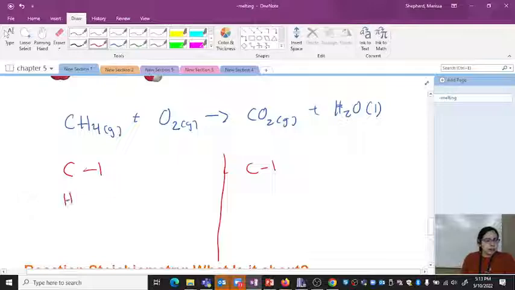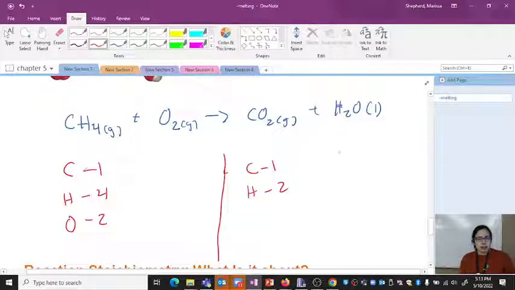Then let's look at hydrogens. On our reactant side, the left side, we have 4, and on our product side we have 2, so that's an issue. Then let's look at our oxygens. We have 2 on the reactant side and 3 on the product side. And the next part, again, is like a guess and check.